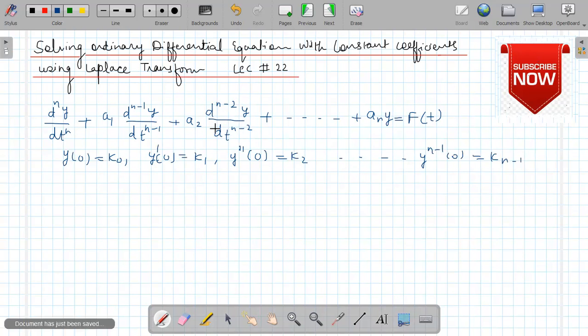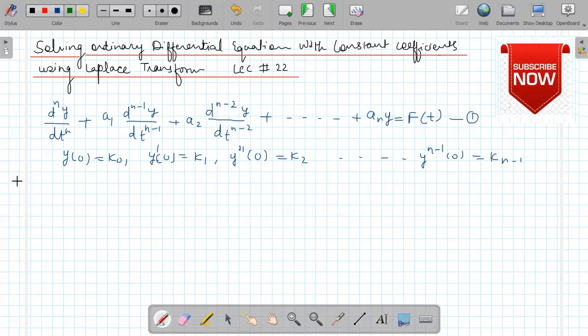So we are given the ordinary differential equation of nth order with some initial conditions, and we have to solve this using Laplace transform. The method of solving such type of equation is that first we have to take the Laplace transform of this equation both sides. Let this equation be equation number 1.